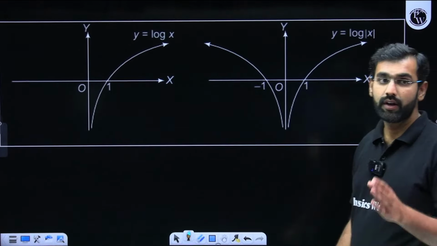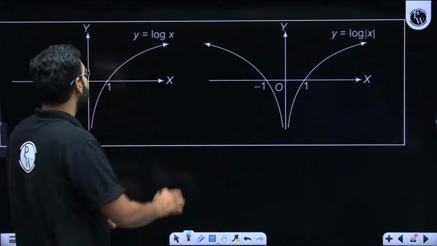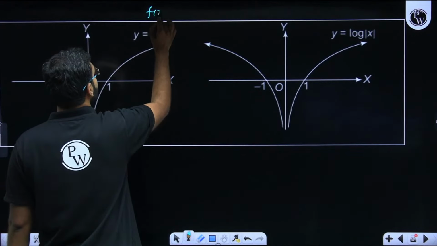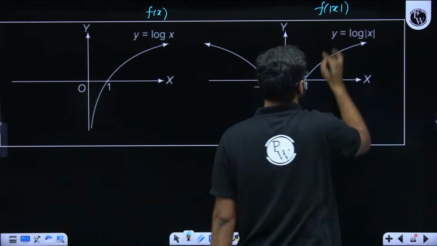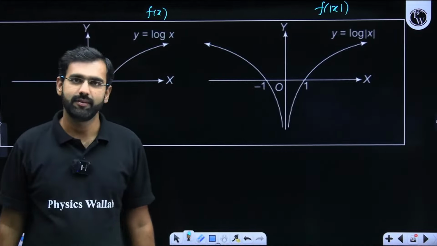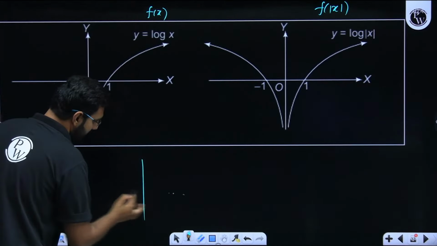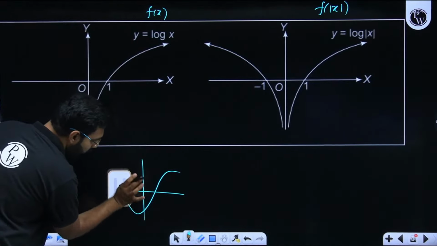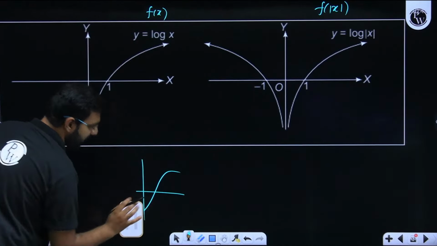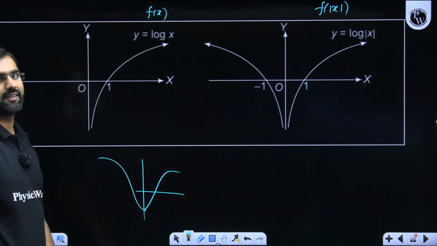Second conclusion, pay attention here. This is the curve which is f of x. Now, if somebody asks you to draw the curve or graph of f of mod of x, how do you do that? That's more interesting here. First of all, let's say a function has a graph which goes like this. First of all, remove the part of this curve which is there on the negative x-axis and take its mirror image with respect to the y-axis.